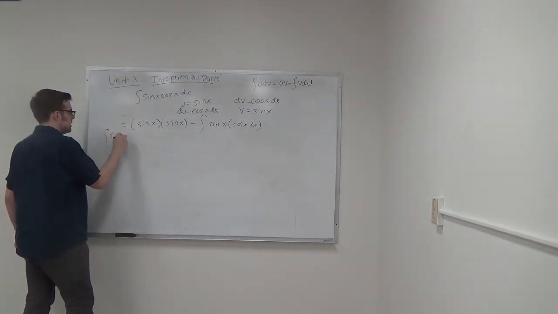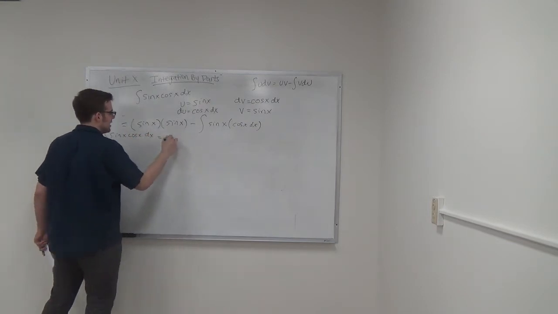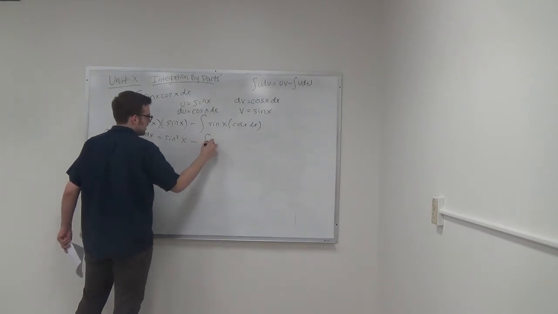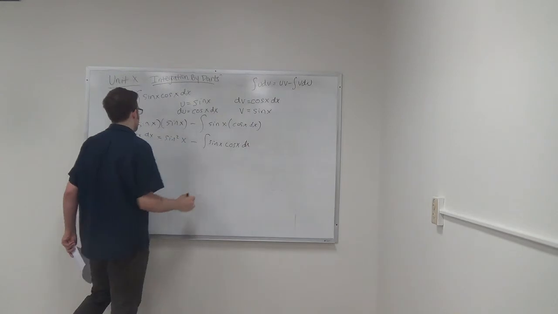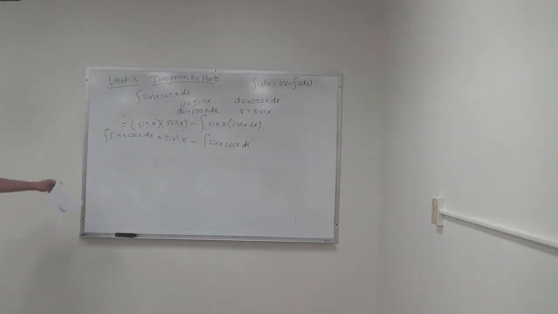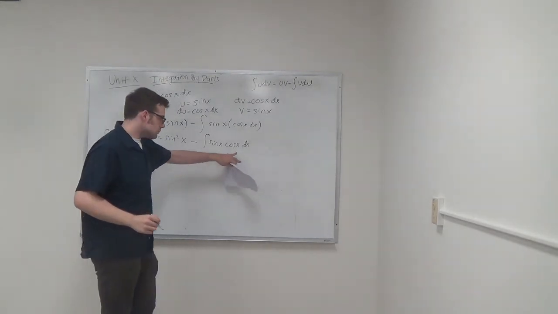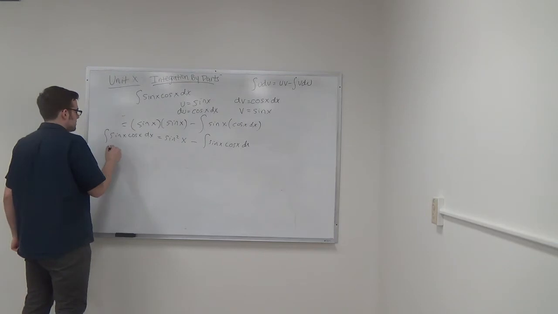The integral of sine of x cosine x dx is equal to sine squared of x minus the integral of sine of x cosine x dx. We have the same integral on both sides of the equation. So we can bring that integral over and add them together.